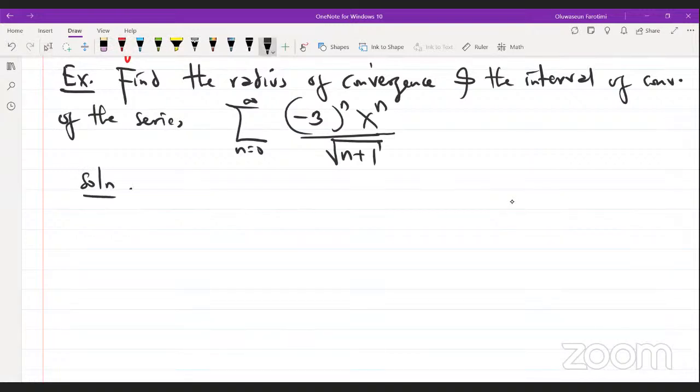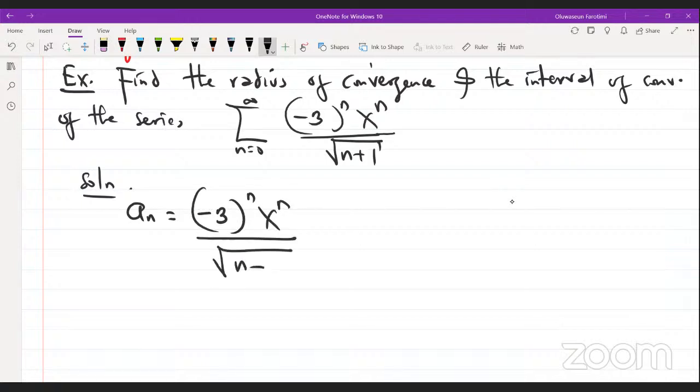Where do we start from? Okay, we can start from saying it all depends on how you want to think about it. You can start by saying let f of x be equal to the power series, or you can just go ahead and start from saying that define your an. Your an is -3 to the power of n, x to the power of n divided by square root of n plus 1.